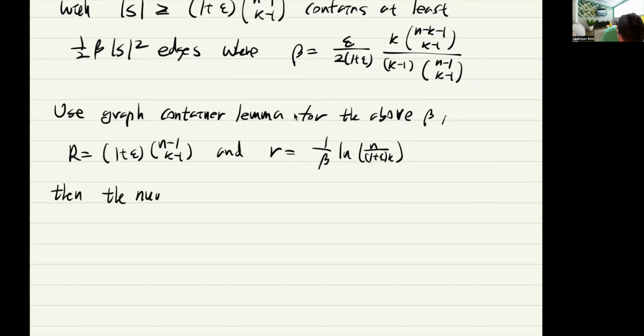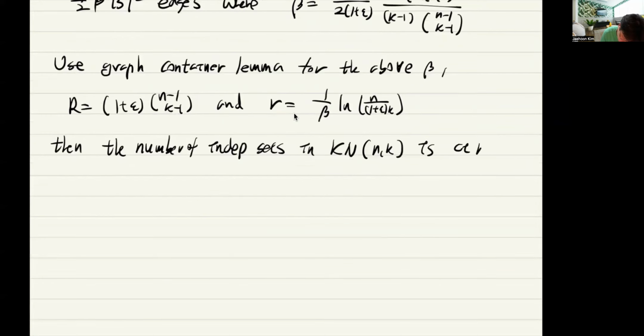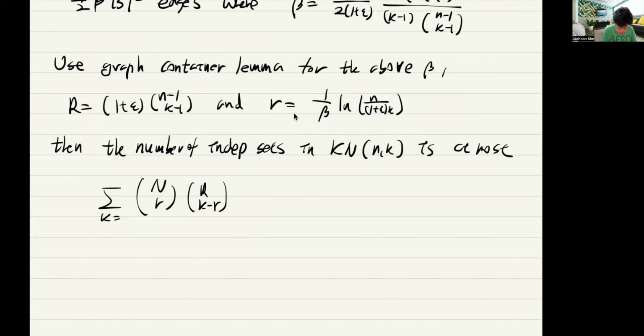Then the number of independent sets in the container graph is at most, with capital N, what, capital R choose k minus r, and then k you have to take from like R to R plus r.